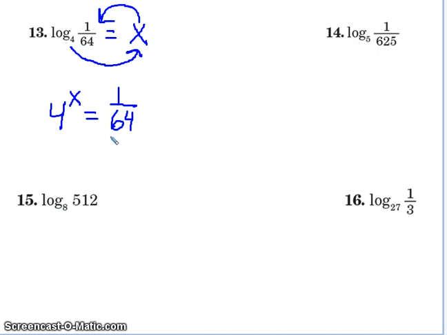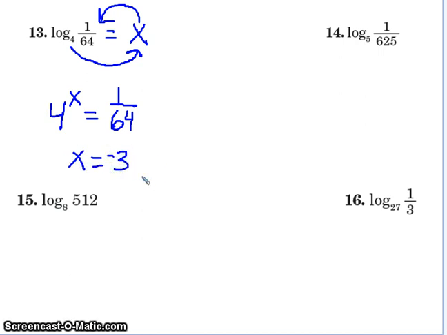Well, you know that it's going to have to be negative because it's going from a 4 in the numerator to the denominator, and 64 is going to be 4 to the third. So our x is actually going to equal -3.